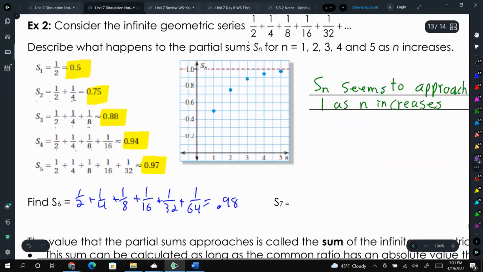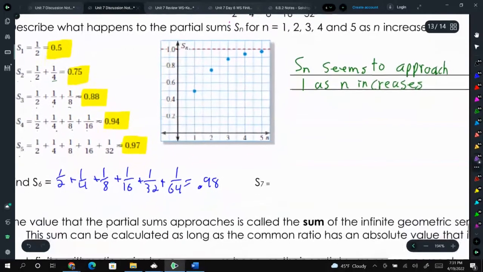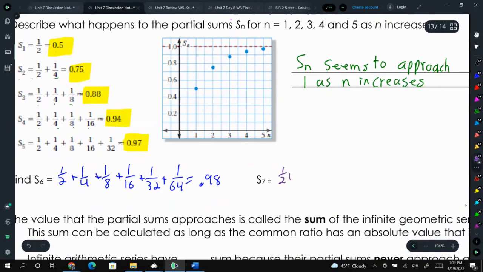Now S of 7, or the sum of the first 7 terms, will be all of these 7 terms. Okay, so we missed 8. And we're also going to add at the end plus 1 over 128.